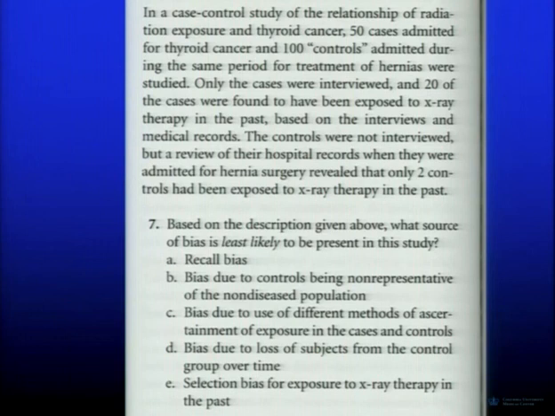The controls were not interviewed, but everyone looked at their hospital records, and they only had 2 controls who were exposed to X-ray in the past. So based on the description given above, what source of bias is, and read questions carefully all the time, that's why I choose some of these, least likely to be present in the study?